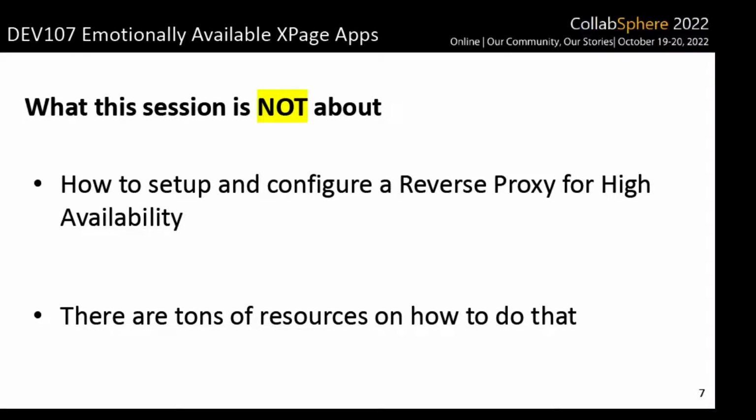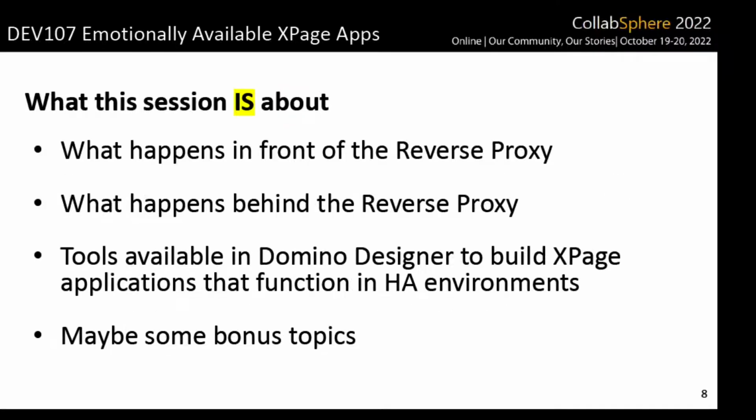But just to be clear, this session is not about how to set up and configure a reverse proxy. There have been other sessions on that in the past in CollabSphere, and there are tons of resources online for doing that. What I do want to focus on in this session is how to develop XPage applications to work with a reverse proxy.